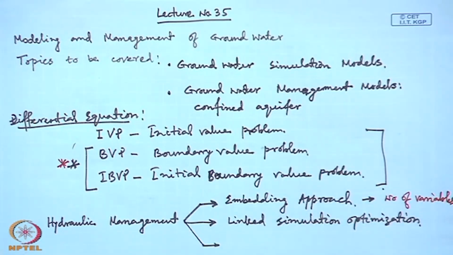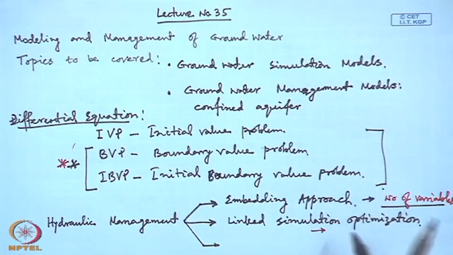But in case of linked simulation optimization, the simulation model does the simulation part separately, and only with a limited number of variables we can solve the decision model. So, the first approach's concern is the number of variables.